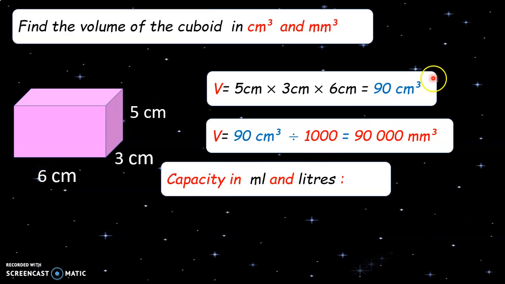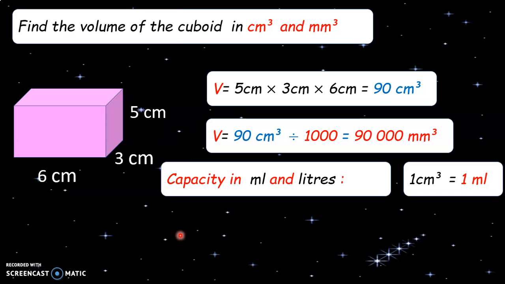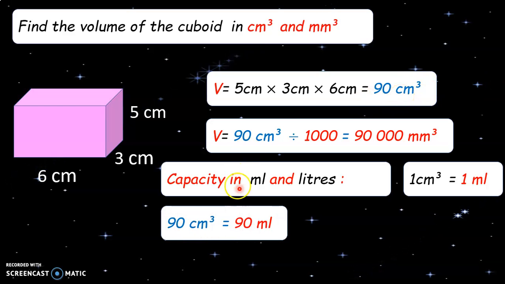After we get the volume of this cuboid, we need to change it into capacity in ml and liters. We all know that 1 centimeter cube is equal to 1 ml. So if we have 90 centimeter cube, it is equal to 90 ml.